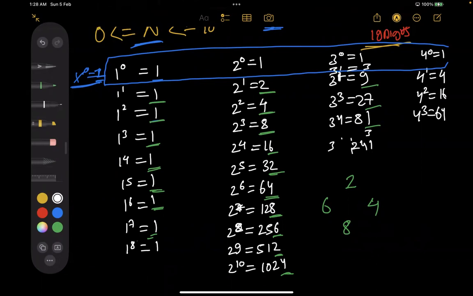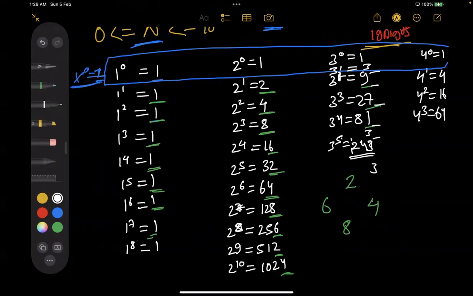That is nothing but 3. So 3, 9, 7, 1. 3 1s are 3, 3 8s are 24. So 3 power 5 is 243. Here you are getting 3, 9, 7, 1, 3 again, right?